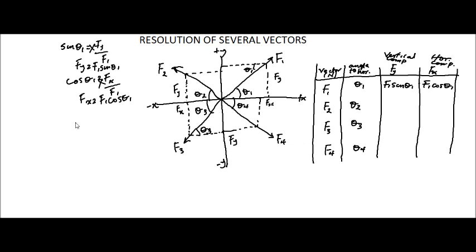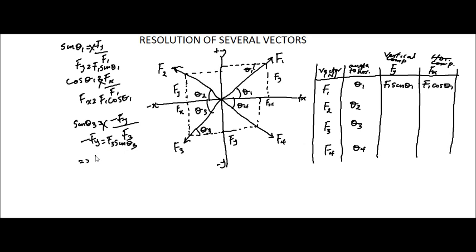So we can say sine theta 3 is equal to, what's the opposite? Minus F subscript y, because it's on negative y, over the hypotenuse, that is F3. So if we cross multiply, we have minus F subscript y is equal to F3 sine theta 3.